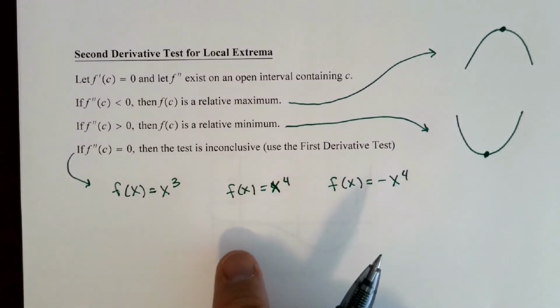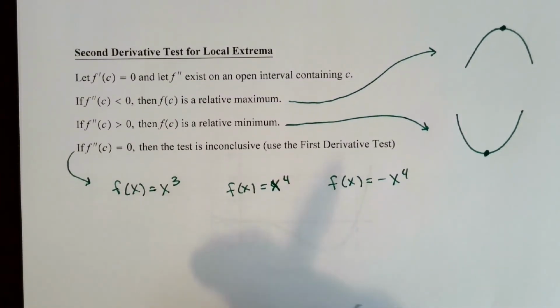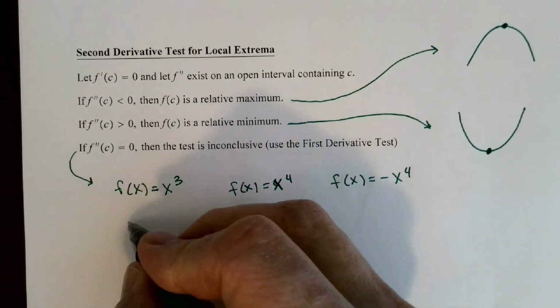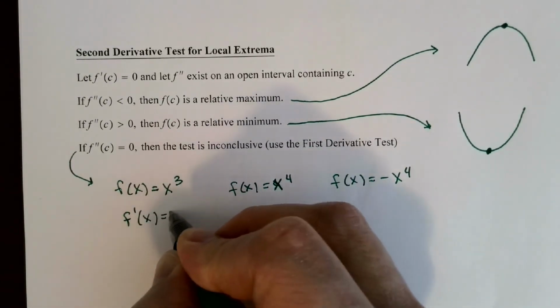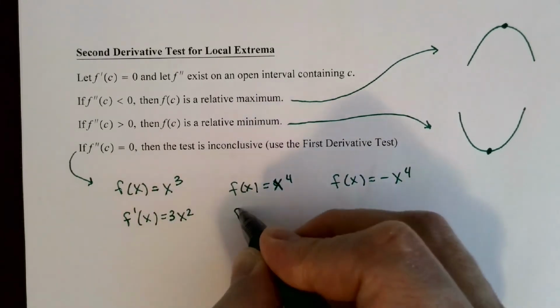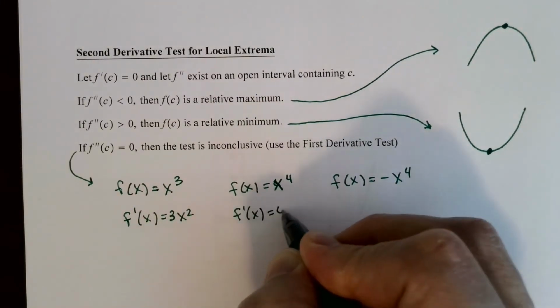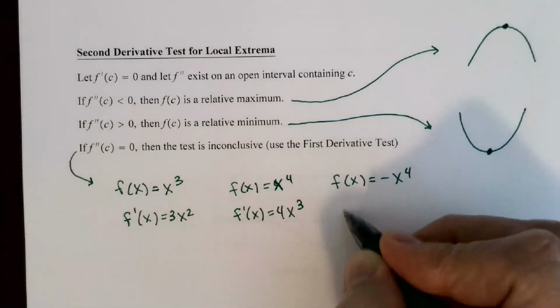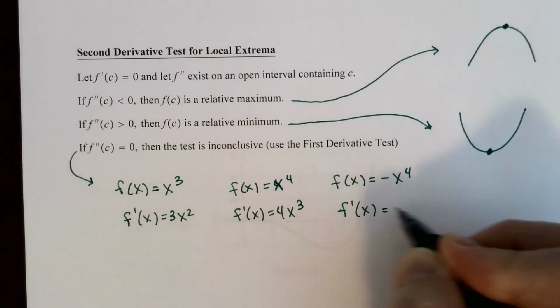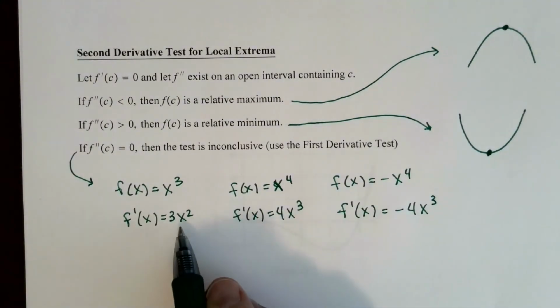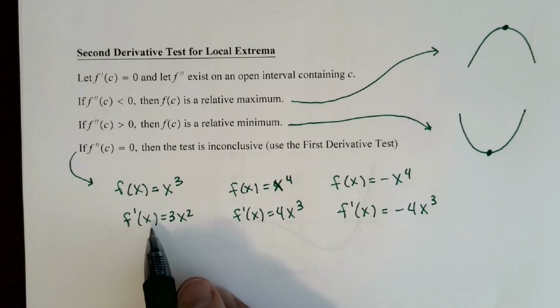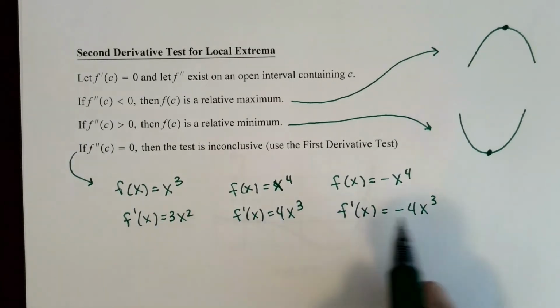at 0, what's happening? Well, if I take the first derivative of each one, what do we realize? 0 is a critical number, right? In fact, the f prime of 0 is 0 for each of these.